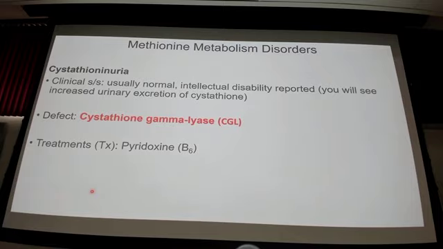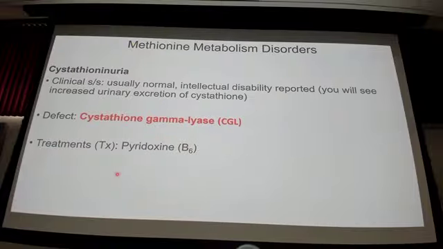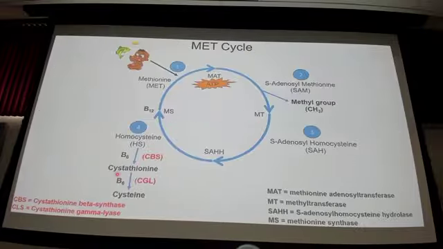Cystathioninuria is caused by cystathionine gamma lyase deficiency. Now, this is one of the few deficiencies in this pathway that you may not see intellectual disabilities, and that's because, if we go back, here is where the cystathionine gamma lyase acts.